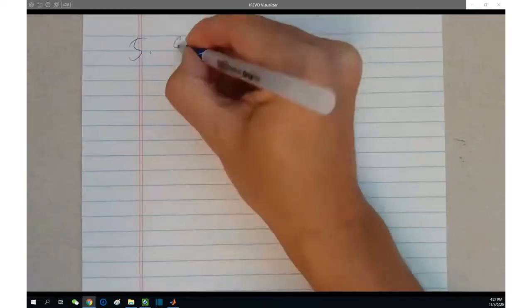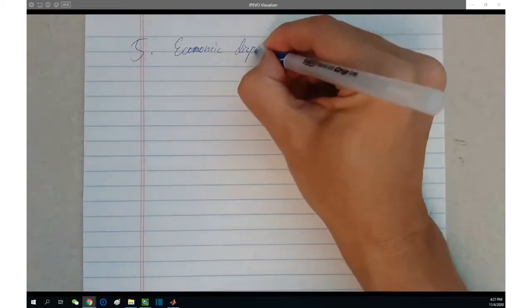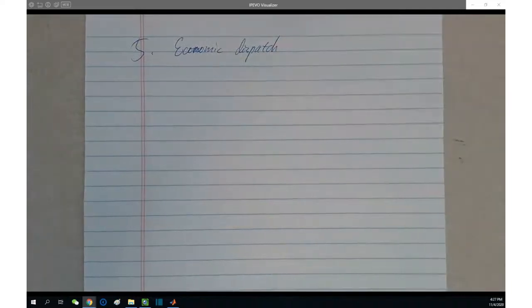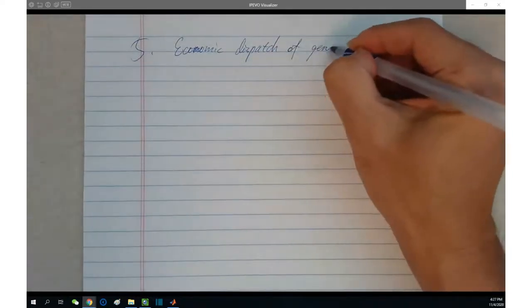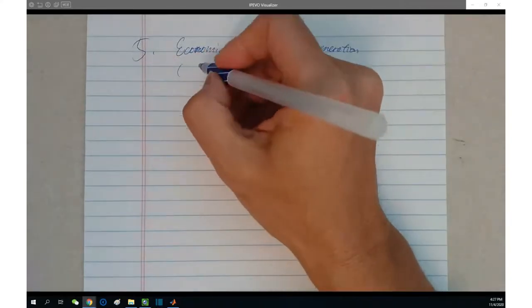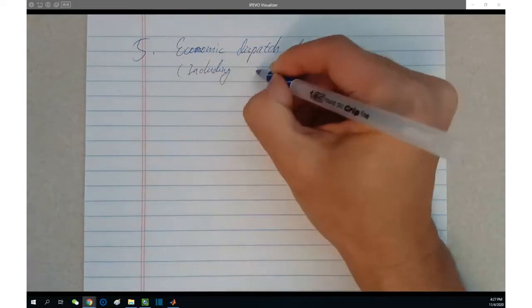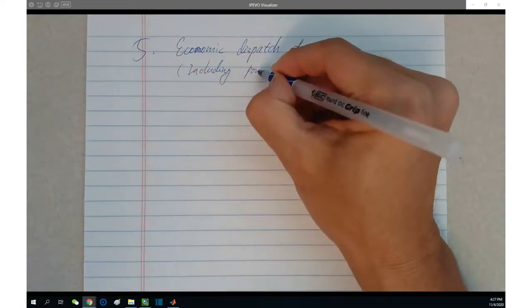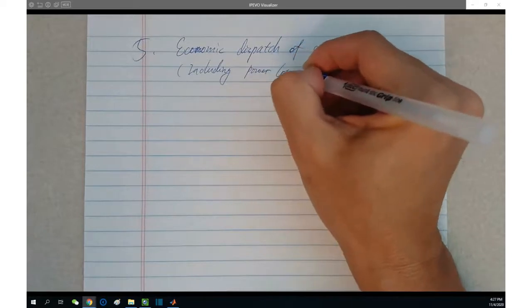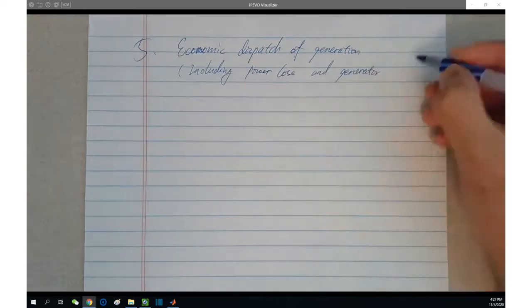In other words, how to economic dispatch of generation if we include power loss and generator limit.